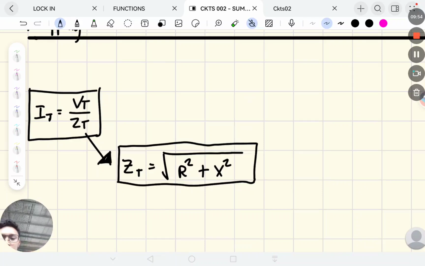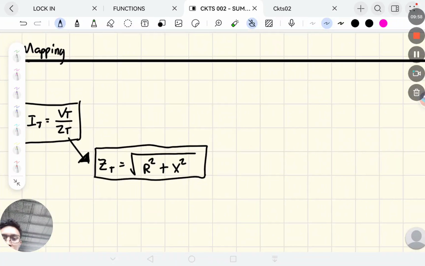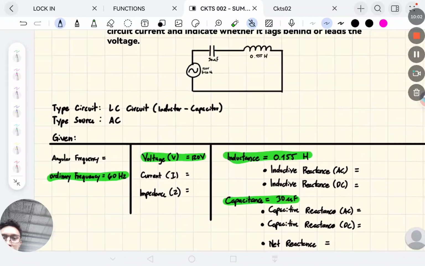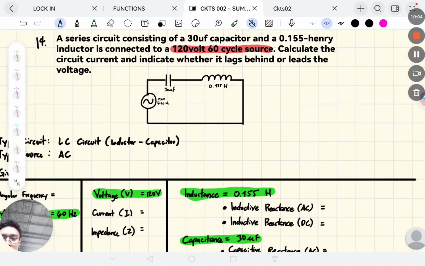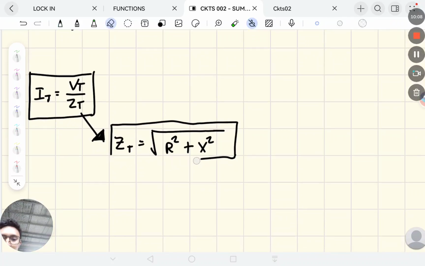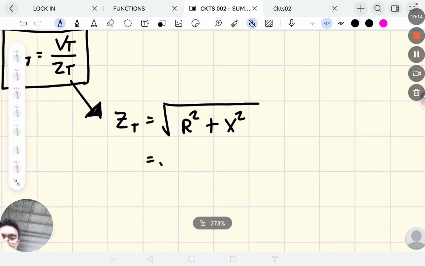Yan. However, wala tayong resistors. Zero resistors ito. What does that mean? So makakancel ito kasi zero nga eh. Ang matitira lang X squared.